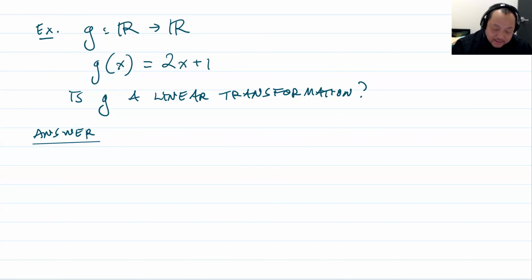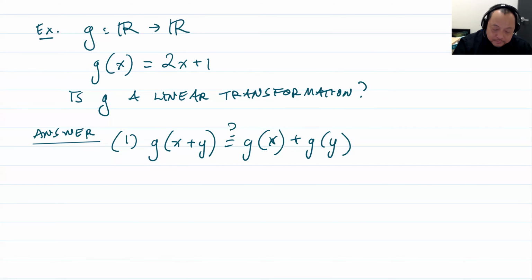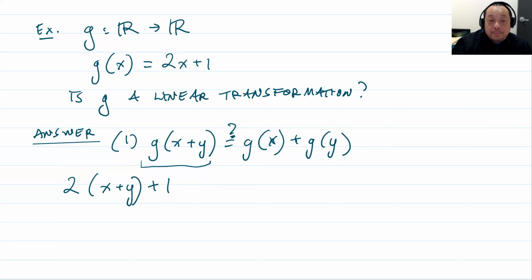Okay, welcome back. Let's check the conditions. Condition 1. Is g additive? Well, on the left-hand side, I have 2 times x plus y, plus 1. That's the left-hand side. That's 2x plus 2y plus 1.